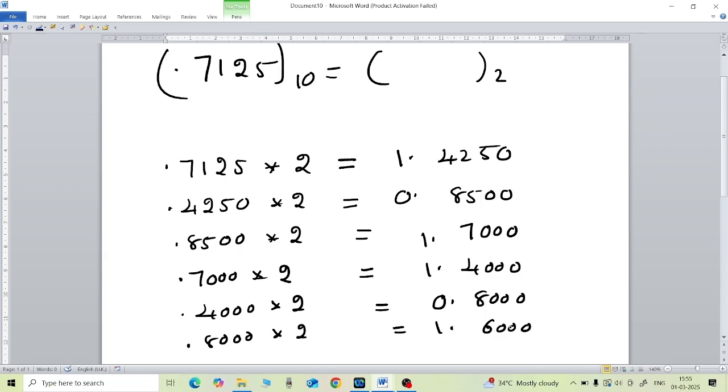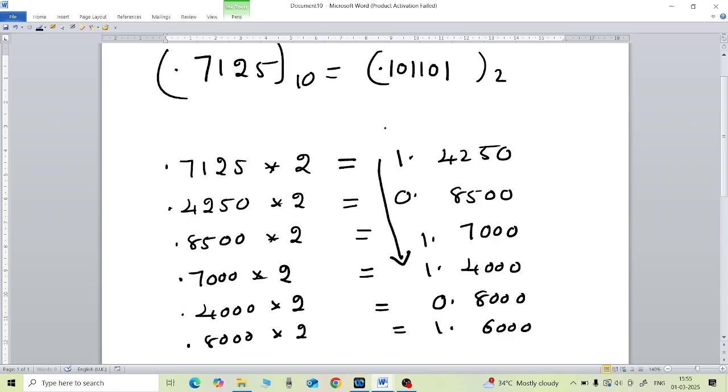Now we can take the integers top to bottom. So the equivalent is going to be, we should place the point in the first position, 1 0 1 1 0 1.